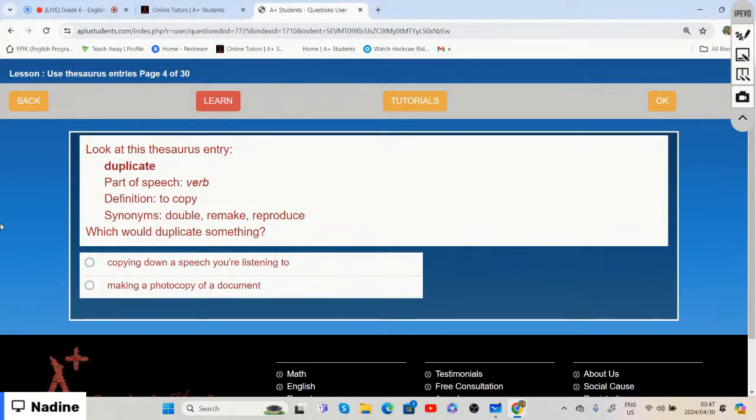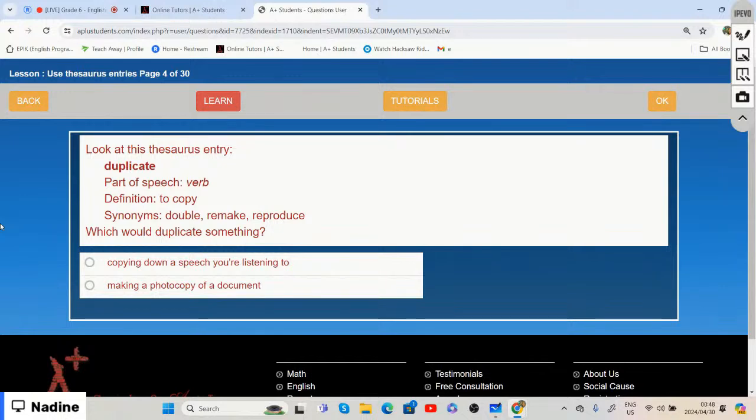Now, copying down a speech you're listening to: you're not going to write down something exactly the way somebody is saying it. If I say something, you're going to write it down in your own words, but it will basically be what I've said. You're not going to write down something word by word.